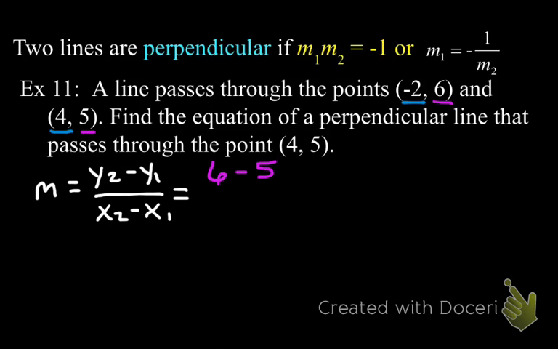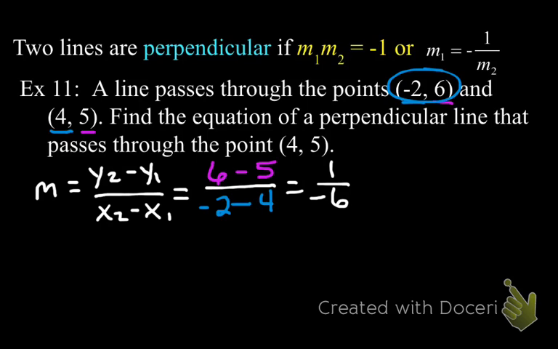And that means when I do my denominator with the x's, I have to use the negative 2 first. Since these two are grouped together, I have to do the negative 2 first, since I did the 6 first on the top, minus, and then we've got 4 there. Then we want to just add those together, or subtract them, I guess. So 6 minus 5 is 1, and negative 2 minus 4 is negative 6. So our original slope is negative 1/6.